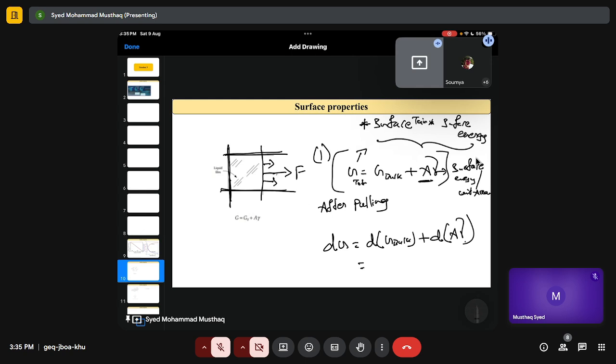There is no breaking of bonds, so this term turns out to be 0. Now dG will be equal to the surface energy term. Let's do the differentiation by parts. First, differentiate the area: the surface energy remains constant times the change in area, plus, for the surface energy, the area remains constant times the change in surface energy.